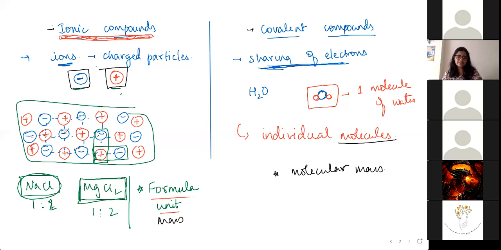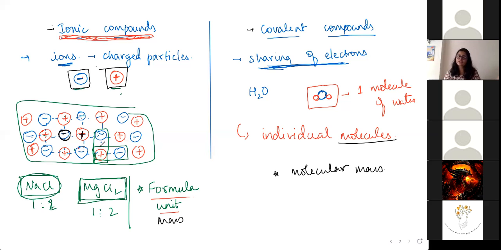So if you have a negative charge here, if you focus on this particular charge, it will attract the positive charge on all the sides. And similarly, every positive charge will attract the negative charge on all the sides. Okay? So that way, it is difficult to isolate one molecule of NaCl, because all of this together is an NaCl compound. Taking one molecule out of it is difficult.